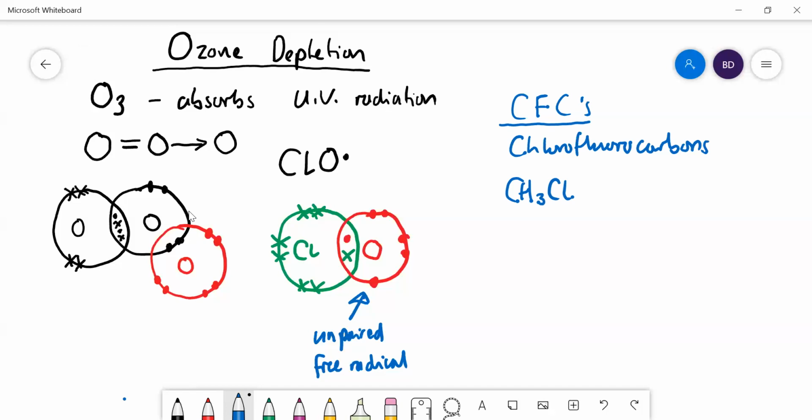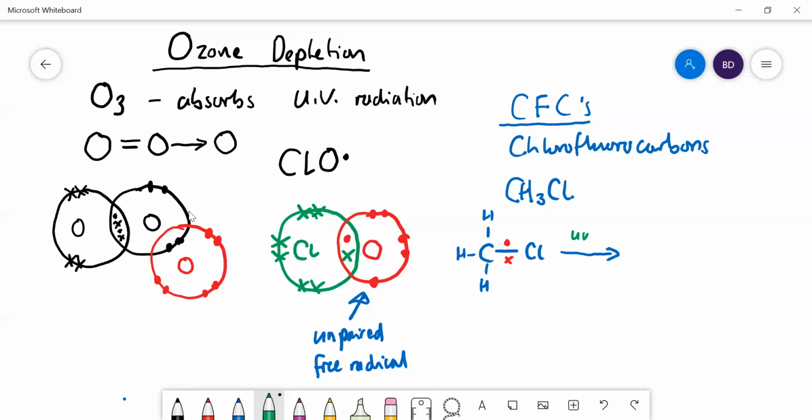Now, the way in which this happens is that we'll start off with chloromethane. If I draw it like this, and we just think about this bond here, we've got 2 electrons in there, 1 from the carbon, 1 from the chlorine. Now, you've come across free radical initiation reactions before. If you get some UV light here, that provides the energy to break the carbon chlorine bond.